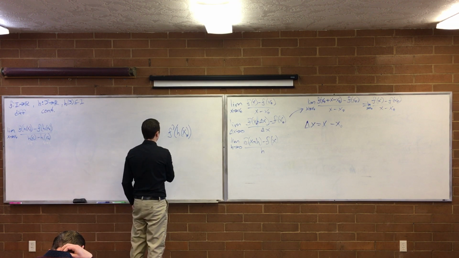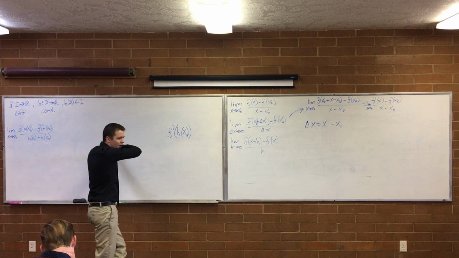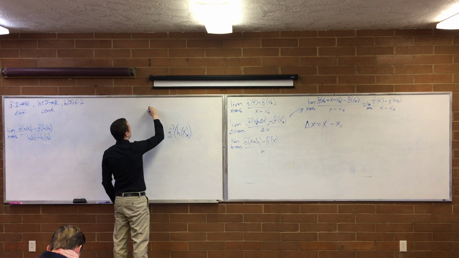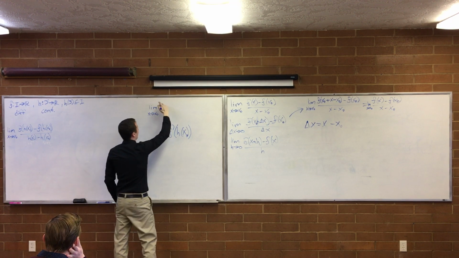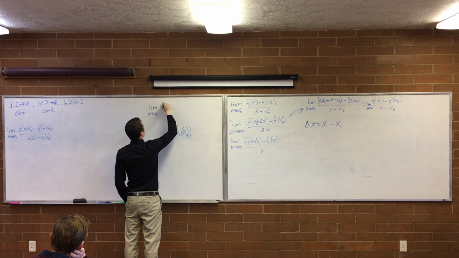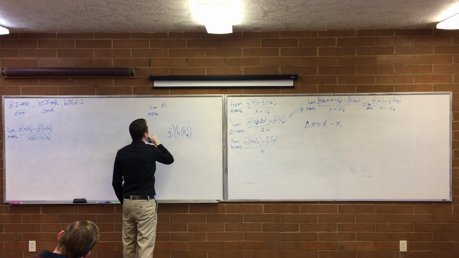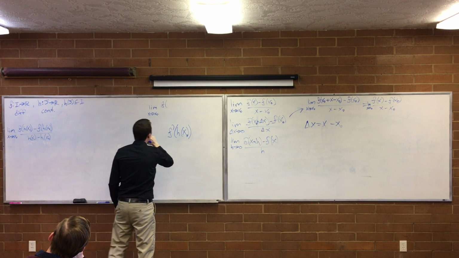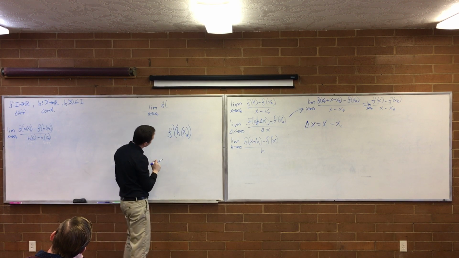Maybe reverse engineer this for a second. So think about what this gives us. That's f. This gives us that the limit as x approaches x naught equals f of x minus f of h of x. I don't know if that's the right way to think about this, actually.